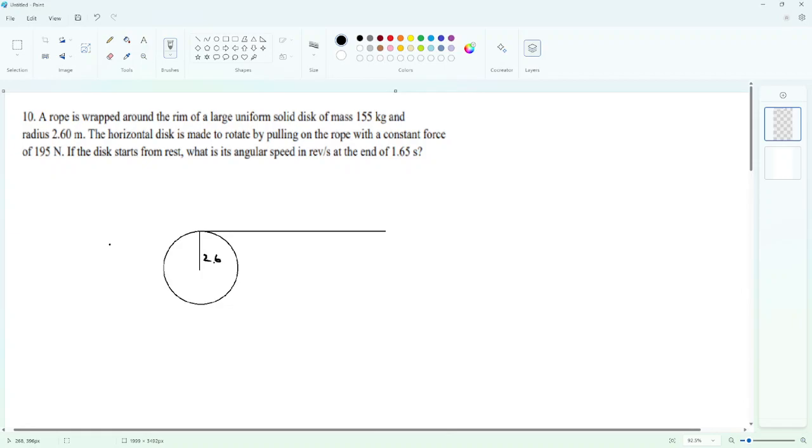The horizontal disc is made to rotate by pulling on the rope with a constant force of 195 newtons. If the disc starts from rest, what is the angular speed in revolutions per second at the end of 1.65 seconds? So initial is going to be equal to 0, and mass is equal to 155 kg. I believe that's all the information we have access to.